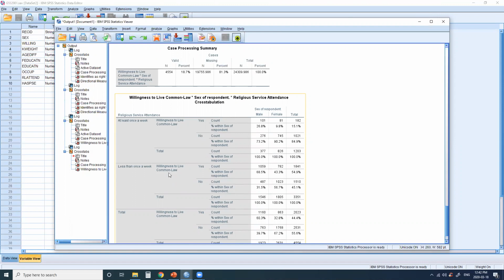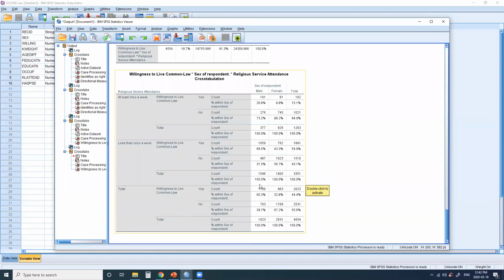Sex, IV, willingness, DV, but only for those who go to religious service once a week, right? So we now have a partial crosstab for those who are religiously observant, and we have a partial crosstab for those who are not religiously observant. And then for convenience's sake, SPSS gives you a total crosstab here.